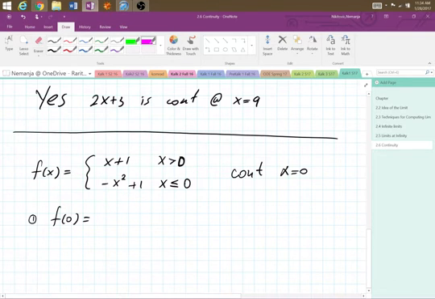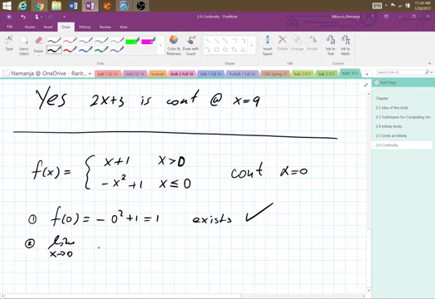So we will calculate this as negative 0 squared plus 1, which gives us 1, exists. I usually put just a check mark. I don't spell this out every time. 2, does the limit as x goes to 0 exist?